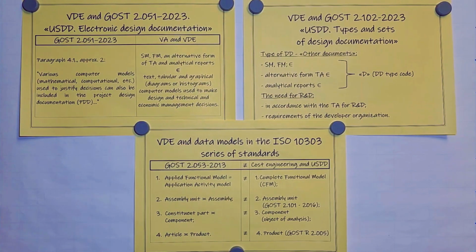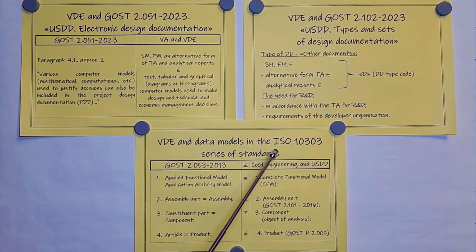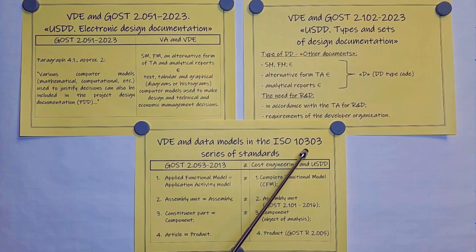For example, in GOST ISO 10303, the applied functional model has the following form: a model describing an applied subject area through processes and information flows. A similar abbreviation having a completely different meaning in cost engineering is the complete functional model, CFM, in value analysis engineering in our course.